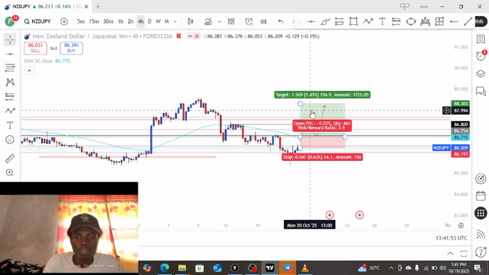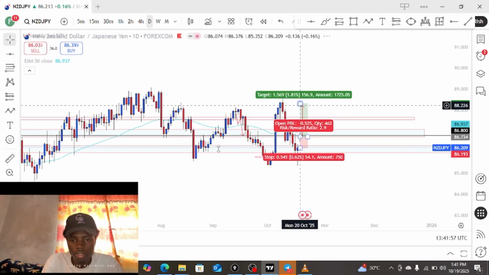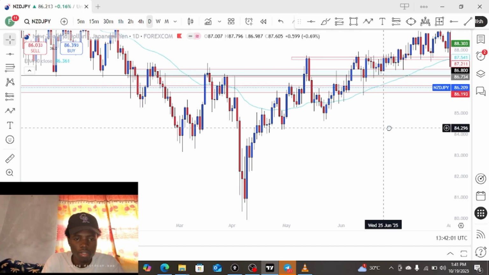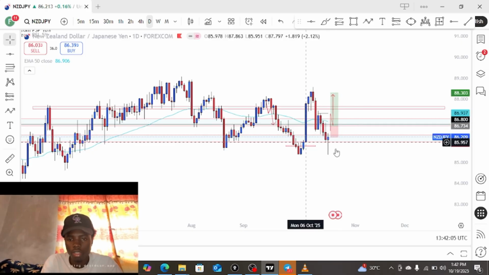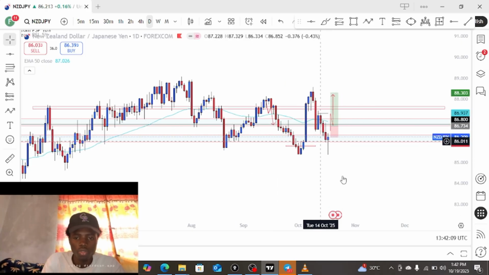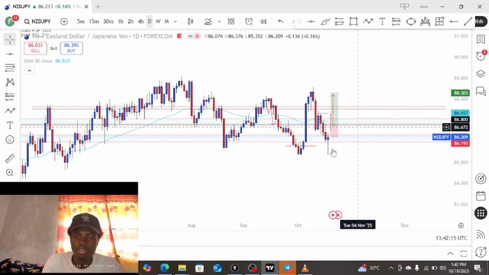So let's go to the daily and see the charts. It is rejecting this AOI right here. This is a daily AOI. Rejection from this AOI. That's the only rejection we have, and then a doji. Okay. So I'm expecting it to break and retest this AOI.